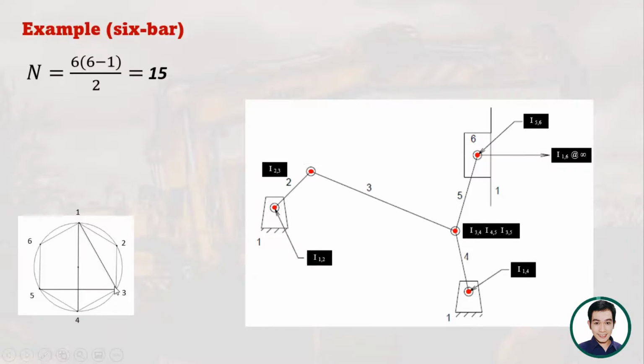That should be the rule when you connect first. If they won't form 2 triangles, then you cannot locate that IC. So here, it forms triangles 1, 2, 3 and 1, 4, 3. So now it means that the intersection of 1, 2, 2, 3, and 1, 4, 4, 3 is the next IC.